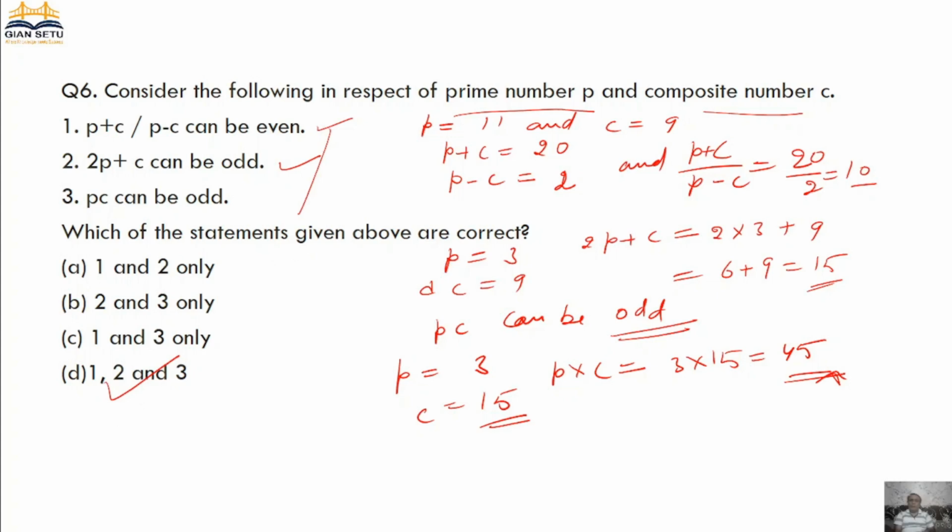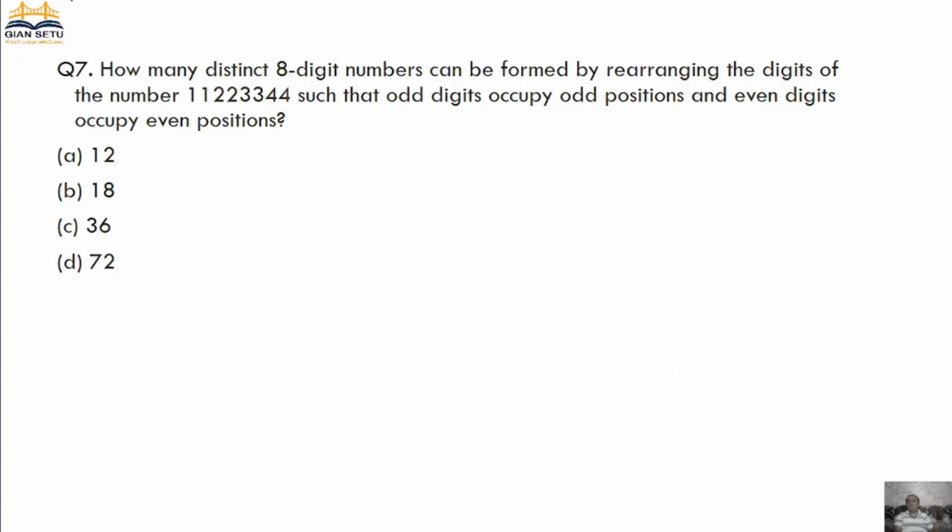Right. Now let's see question number 7. Now question number 7 is, how many distinct 8-digit numbers can be formed by rearranging the digits of the number 1, 1, 2, 2, 3, 3, 4, 4 such that odd digits occupy odd positions and even digits occupy even positions?